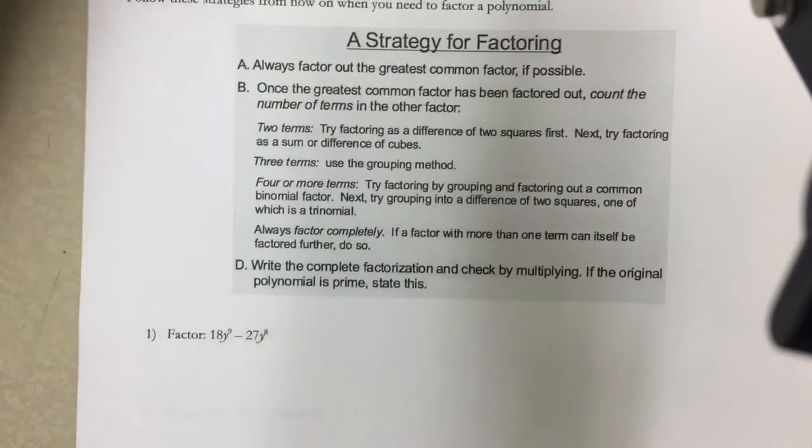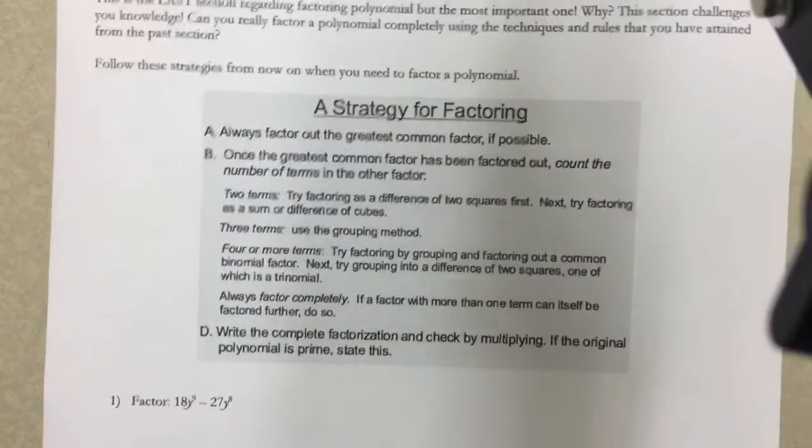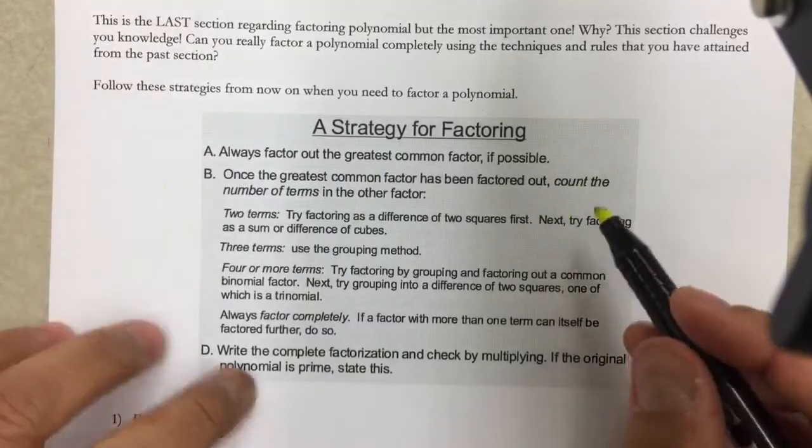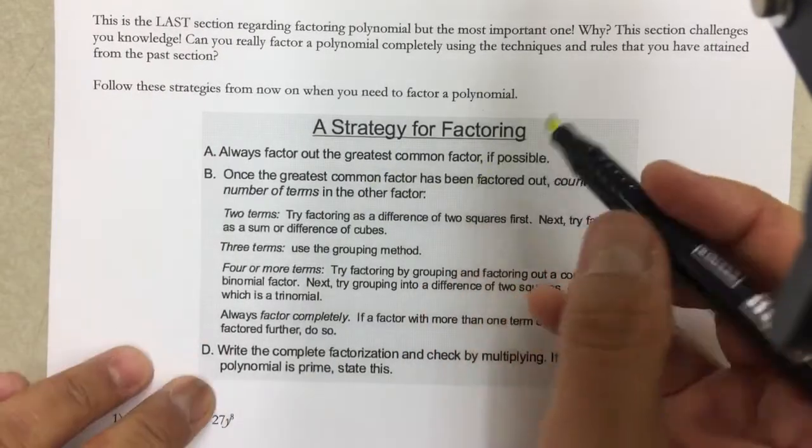So what we've done is we looked at the strategies for sum and differences of cubes, and now the last thing we want to do is incorporate all these strategies together. So when given a problem and you're asked to factor it, you want to follow these 3 steps.